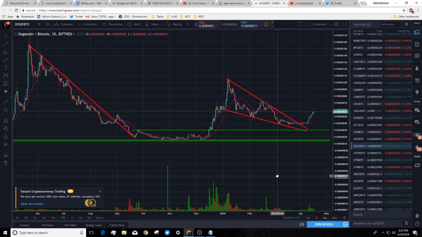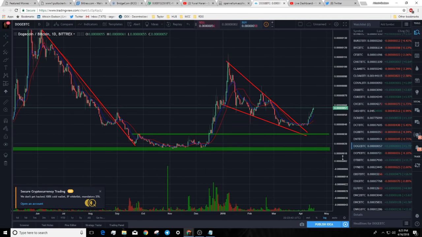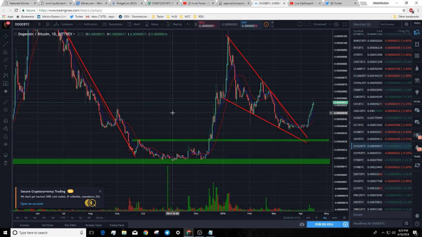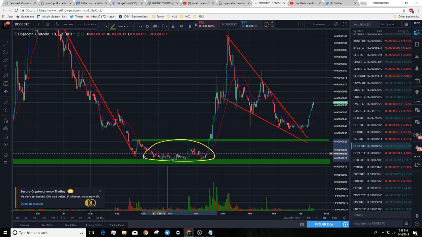During the December period of last year and the January period of this year, you could see this sideways here, right? At the bottom, it came down, bottomed, and went sideways. The candles were really small. There wasn't that much movement, either up or downwards. This is obvious sideways movement.